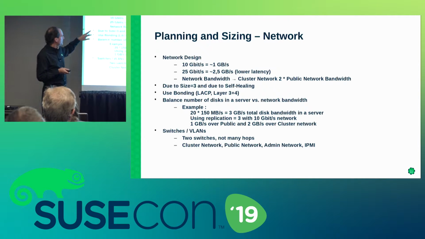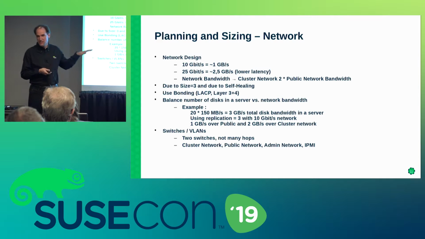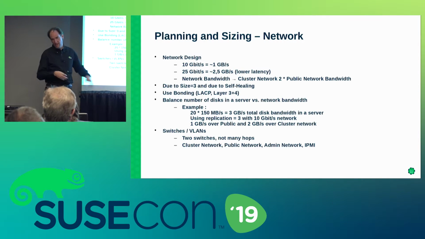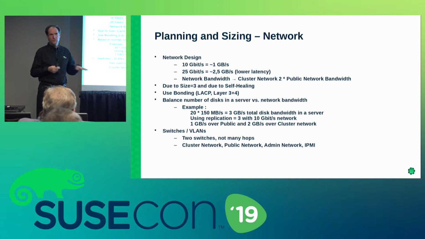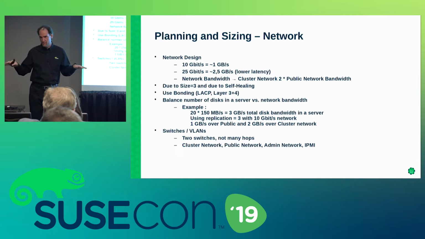A word on 10 versus 25 gig. If you really want a low latency environment, make sure that you go for the 25 gig technology or 100 gig, because that has higher frequency and lower latency. For fault tolerance, make sure you have more than one logical switch, and make sure not to have too many hops over switches between the servers, because that also increases latency.